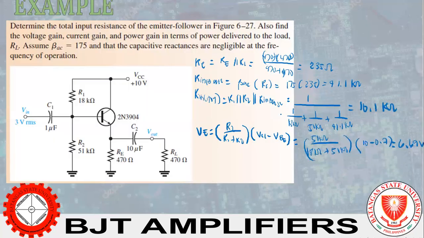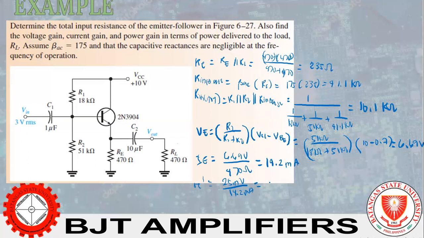So, again. Ang sunod natin kukuhanin, kuhanin tayo ng IE. So, 'yung IE natin, VE over RE, we have 6.69 volts over RE natin, which is 470 ohms. And that will be equal to 14.2 milliampere. And we will have a RE prime of 25 mV over 14.2 milliampere.